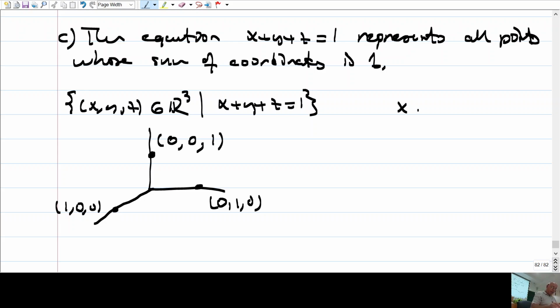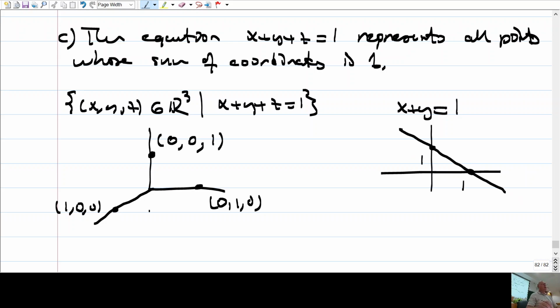In the xy plane, what would this be? This would be just the line joining these 2 points. In this case, it will be the plane containing these 3 points. So it will be just this plane.